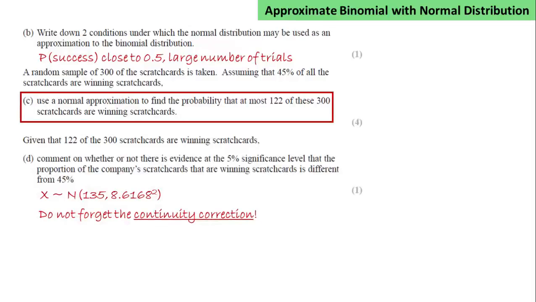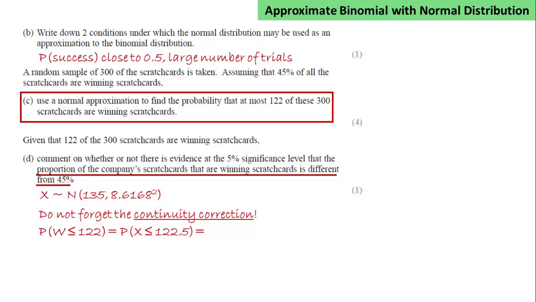Don't forget, when you use this normal approximation to calculate probabilities, you need to use a continuity correction. So the probability that W is less than or equal to 122 is approximately equal to the probability that X is less than or equal to 122.5. We can calculate this.